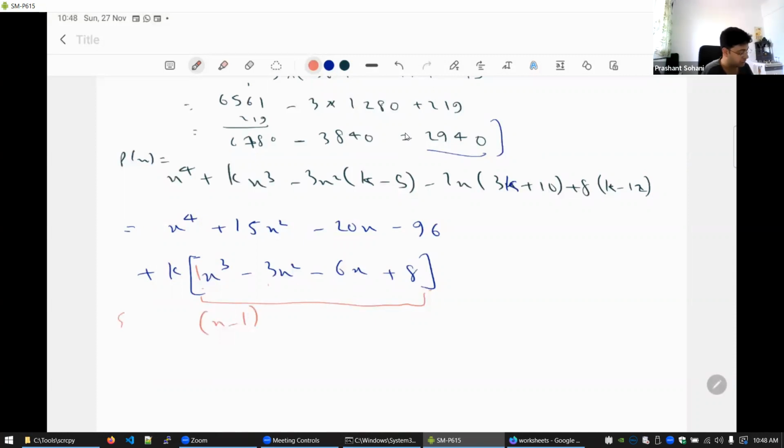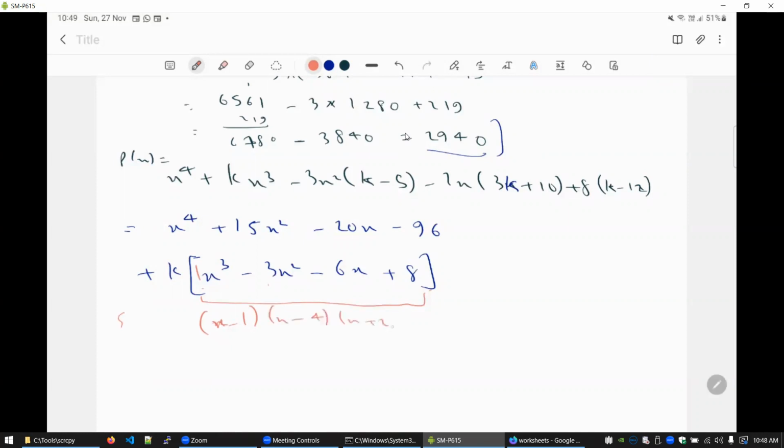And what will be the other two factors? Sir, x minus 4 and x plus 2.